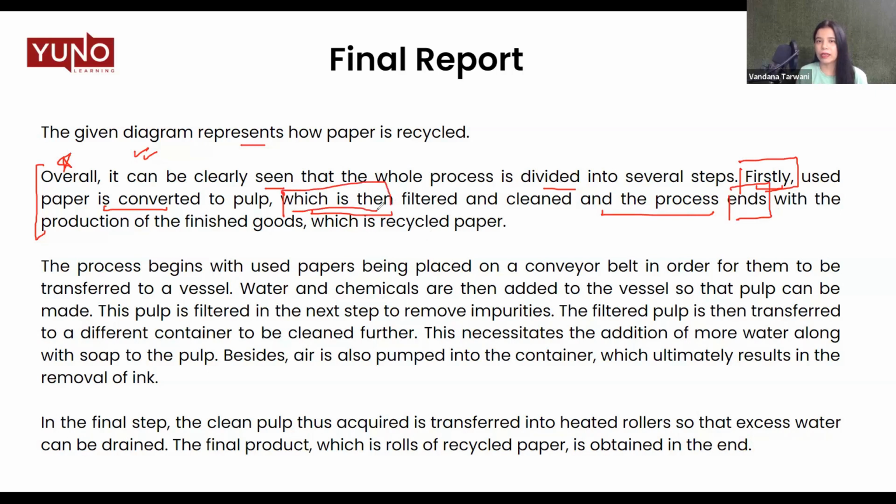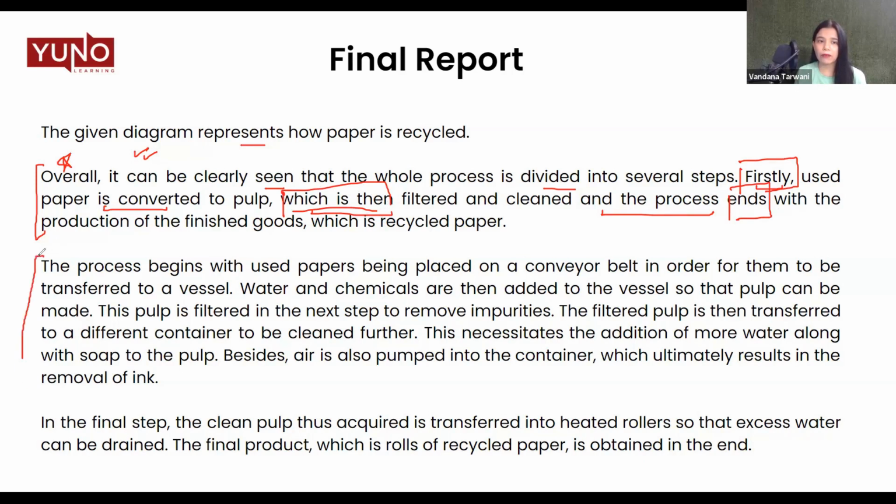Why exactly is it clear? Because of the kind of linkers that we are using. And once again, we are not elaborating the intricacies in the overview paragraph. We are summarizing the entire process in brief. If you write too much in the overview paragraph, it will go against you.